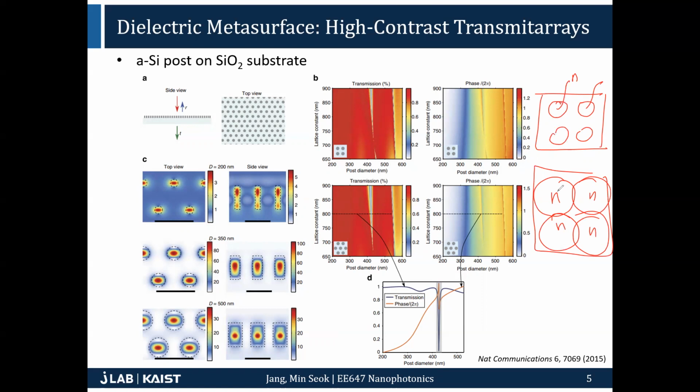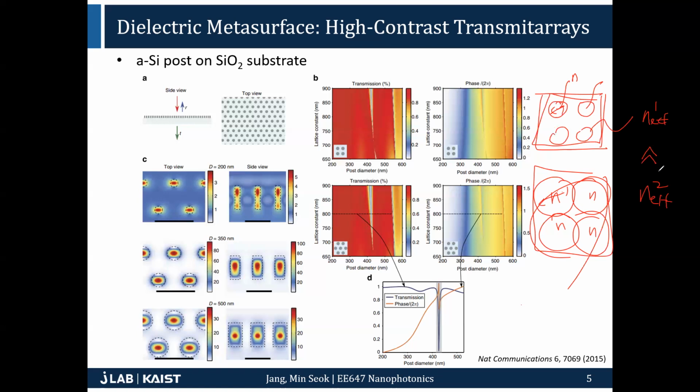Okay, and in both cases, assuming that the size of a high index structure is much smaller than the wavelength, then of course the effective index of this guy is much smaller than the effective index of that guy, right? Because the area fraction here is much larger, right?